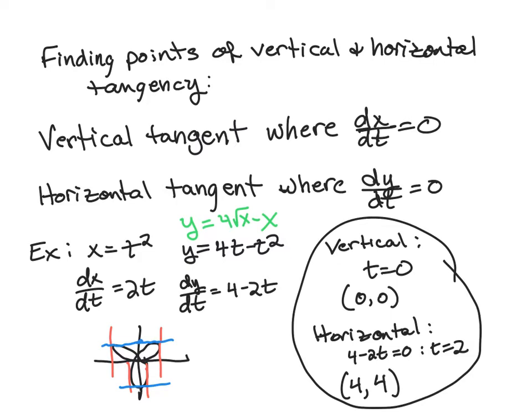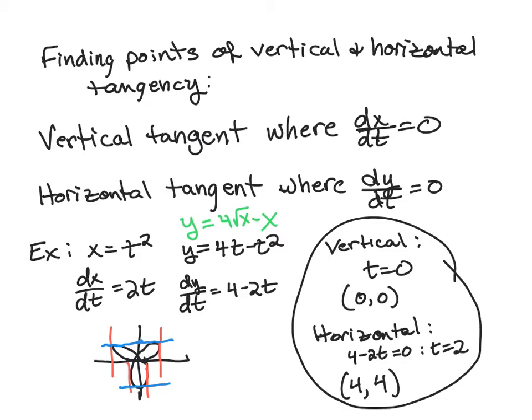Okay, so vertical tangents are where the y derivative equals 0. I'm sorry, the x derivative equals 0. So you set this equal to 0 and you just get t equals 0. Well, if you take t equals 0 and plug it in for the x and the y, you get the point where that tangent happens.